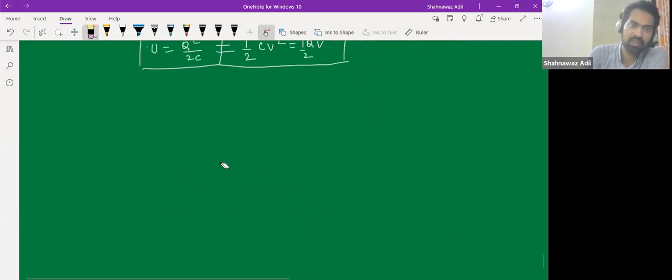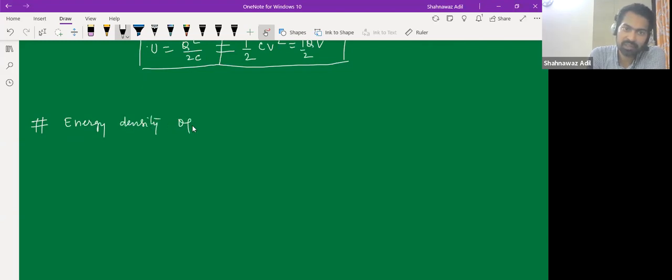Now the next topic is, this you have already done, but energy density of a parallel plate capacitor. And remember, this is volumetric.